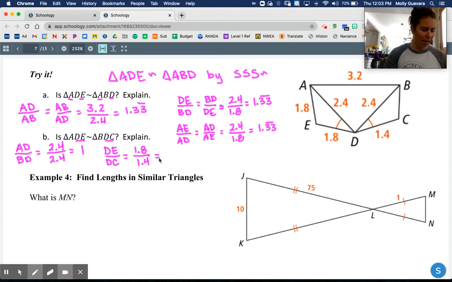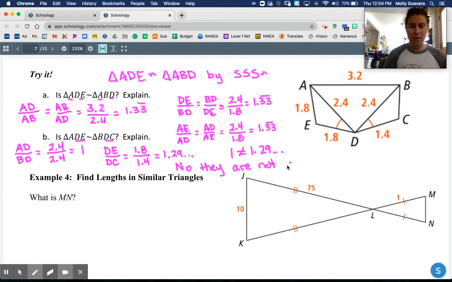And if I divide that, apparently I haven't done that yet, 1.8 divided by 1.4, I get like 1.29-ish. So I don't even have to do the third side, which is fine because I don't know it anyway. But since 1 does not equal 1.29, blah, blah, blah, the scale factors here are not the same. So no, they are not similar.